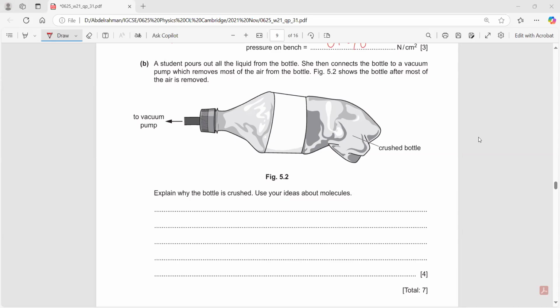They move fast and random in all directions, colliding with the surfaces of this bottle, exerting a force over an area, which is the pressure.